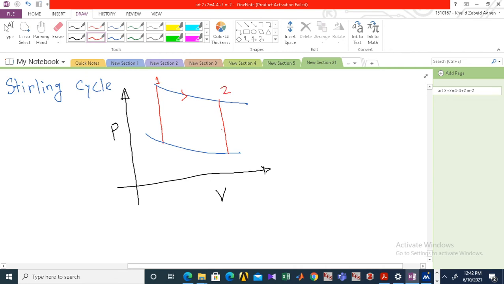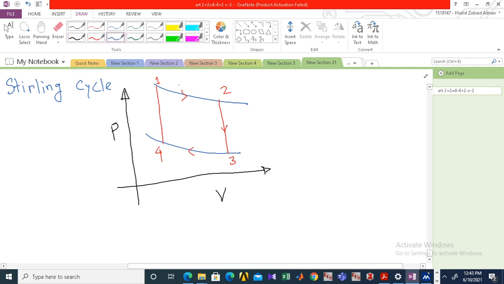From 2 to 3 there will be an isobaric process. It won't be a compression process, rather it will be an isobaric process from 2 to 3, and from 3 to 4, there will again be an isothermal heat rejection process.